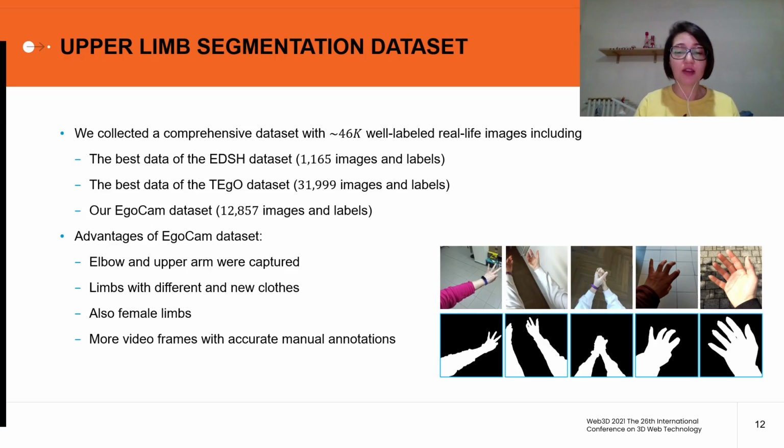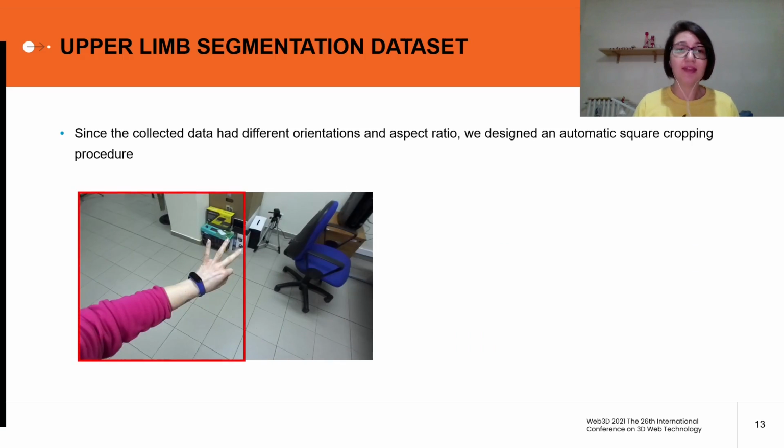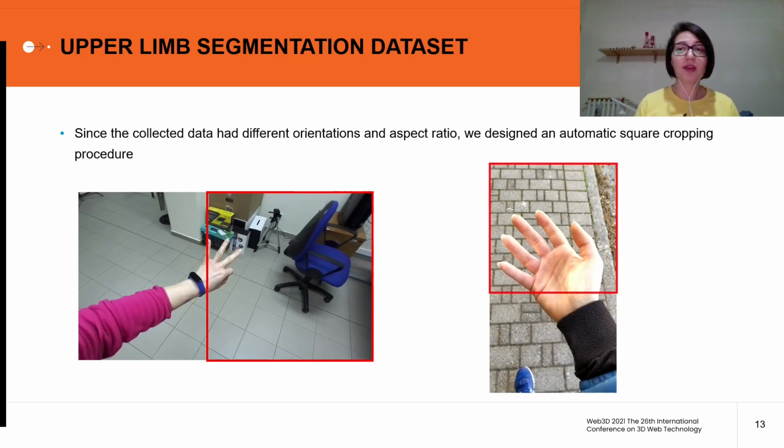But if you use a camera with a wider field of view, this camera captures also the elbow and the upper arm. Since the collected dataset had different orientations and aspect ratios, we designed an automatic procedure for square cropping. At the end of the cropping, we inspected all the saved images and deleted the useless clippings, such as with no hands or no arms.